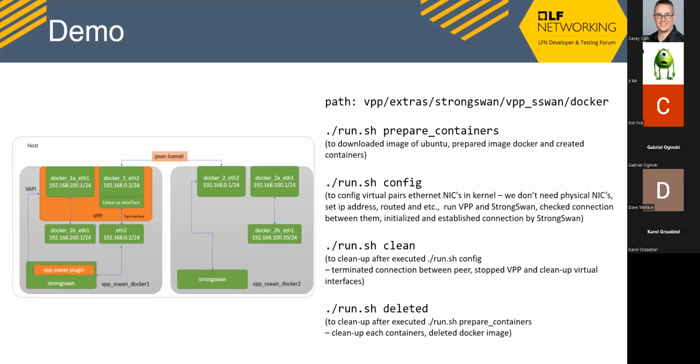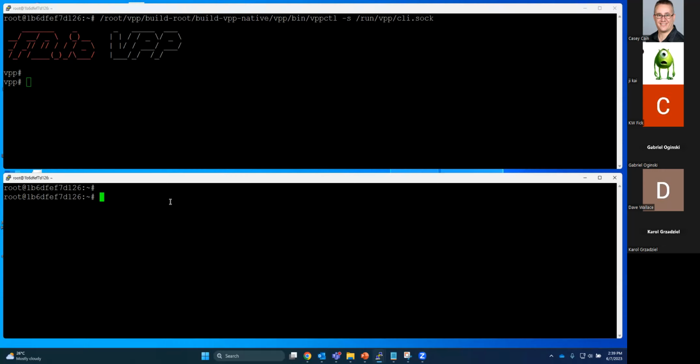So at the beginning, we need to check if our plugin is loaded, so we can execute a command, swanctl, to get the stats from StrongSwan, and here it is important to see if our plugin is loaded. Okay, we see that our plugin is loaded, so the first step is made.